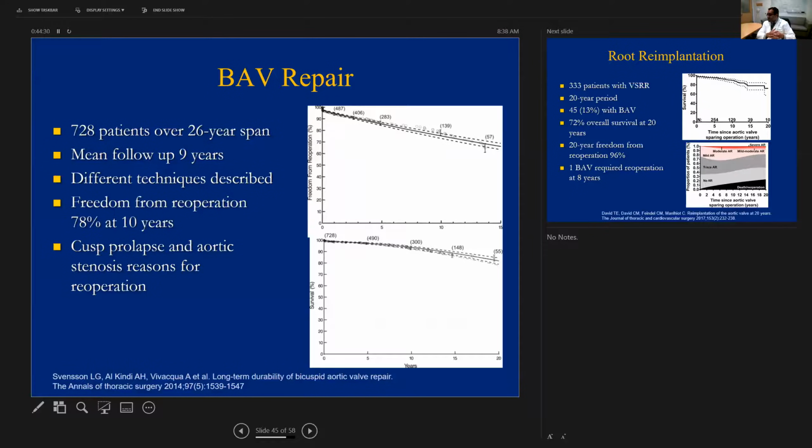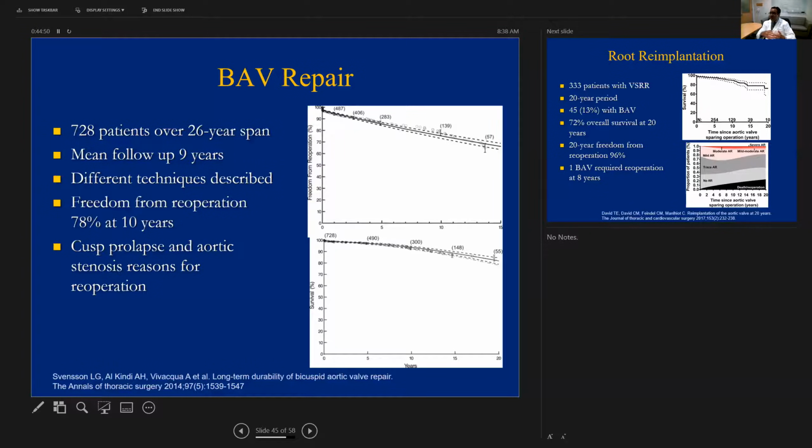So in a series published by the Cleveland Clinic group, they did 728 bicuspid repairs over a 26-year span. So you can see on average, they're doing about 30 bicuspid repairs a year. Maybe somewhere around there, so 30 to 33 or something like that. The mean follow-up was 9 years.